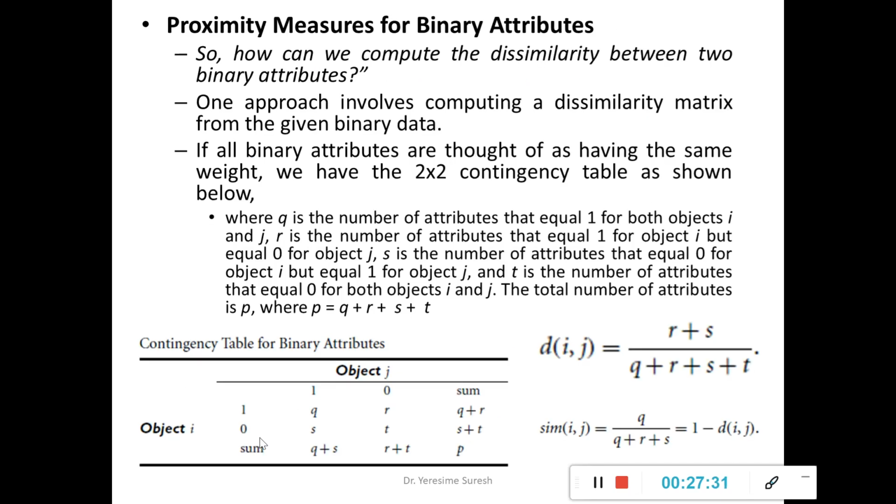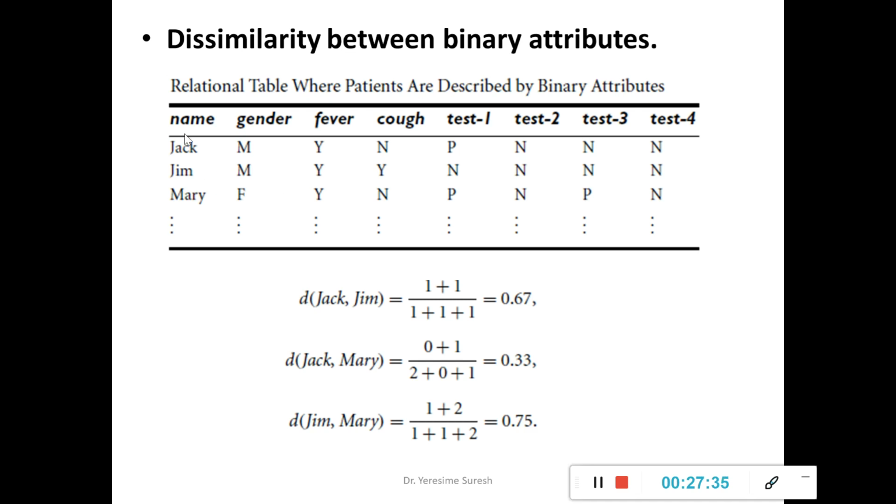So you can apply this binary two-way contingency table here for two attributes with respect to name and fever or name and cough, wherein yes I can represent as 1, no I'll represent as 0. And positive with respect to a test can be taken as 1, negative results with respect to a test can be taken as 0.